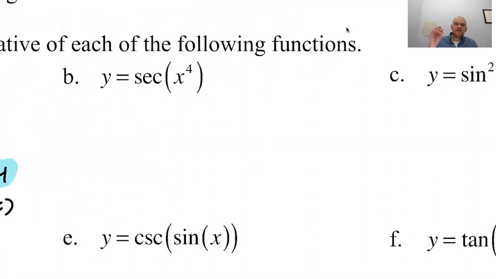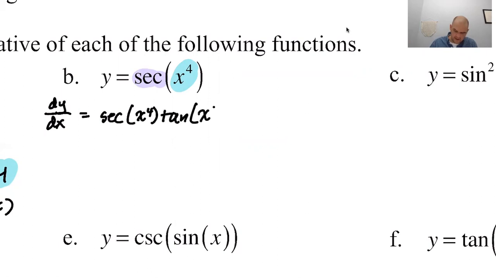So the derivative of y, so dy dx. All right, what's the derivative? I see two functions, and it's going to get harder to highlight as I see more functions. But right now I see two functions. I see secant of something, and what's that thing? That thing is x to the 4th, right? What's the derivative of secant of something? The derivative of secant of something is secant of that thing, tan of that thing, and then times the derivative of that thing.